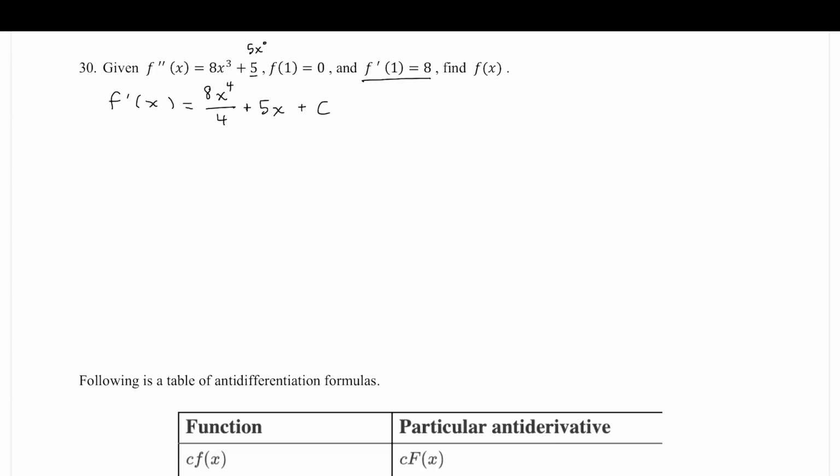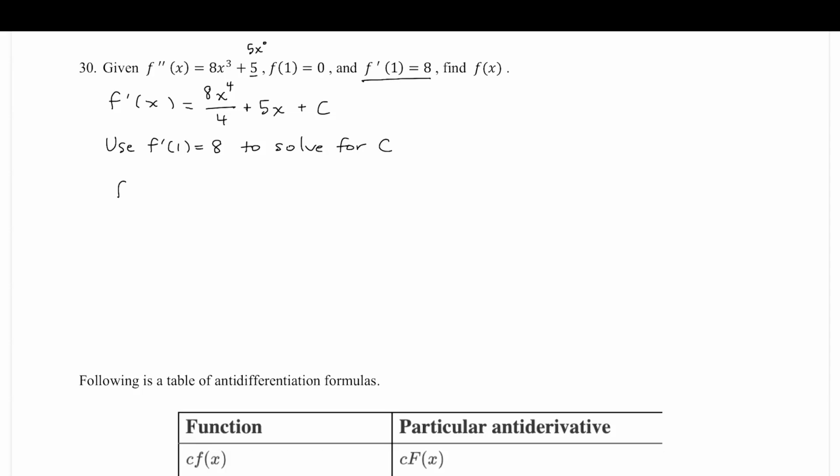And again, I can start with a plus c, but recognizing when I'm given f prime of 1 equals 8, I can use that to solve for the constant c.